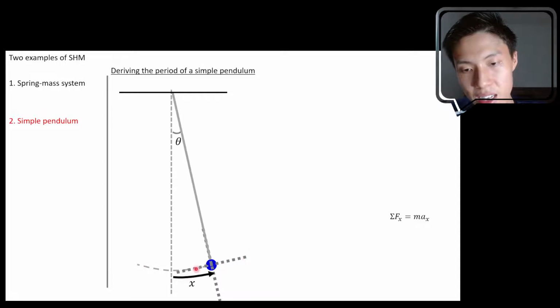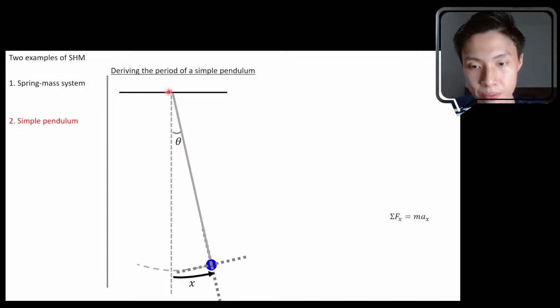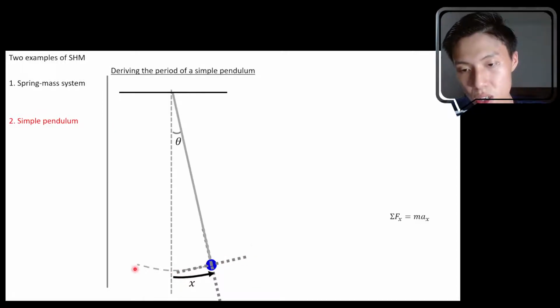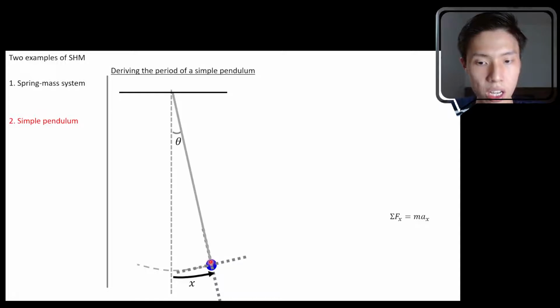This line is tangential to the arc, and it's also perpendicular to the string that connects the pendulum bob to the ceiling. So we are interested in the force acting in this dimension, tangential to the circular arc and perpendicular to the string between the ceiling and the object. Let's draw a free body diagram of the pendulum bob at this position.